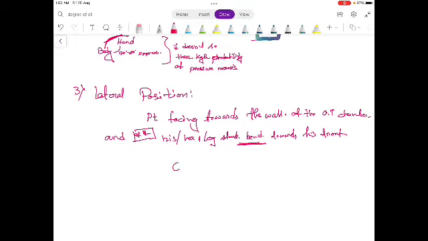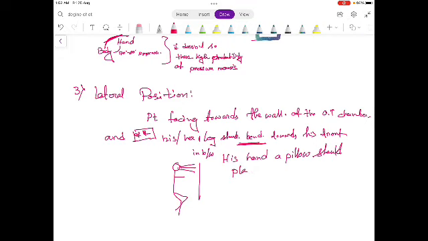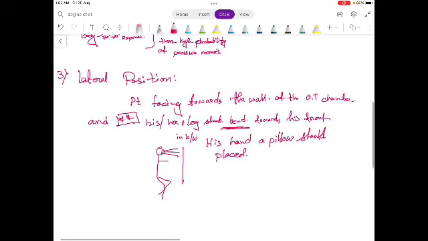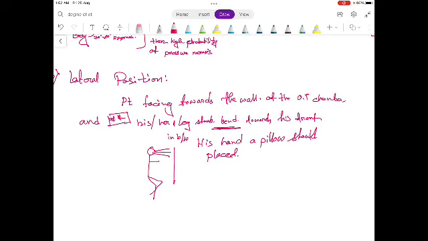I didn't recall the exact word. He faces like this, this is the wall, right? So he faces like this, and his one leg would be like this, and next like that, right? And one more important point, between his arms a pillow should be placed.